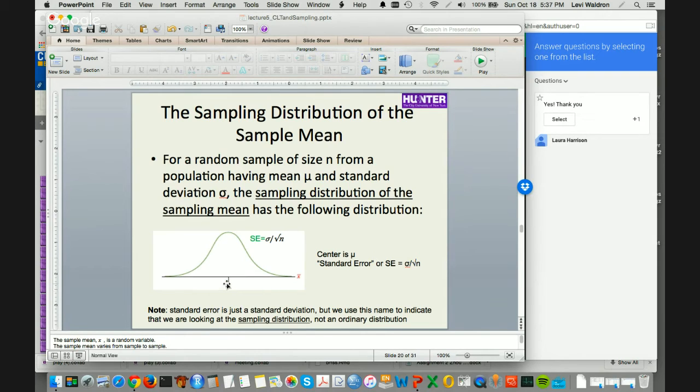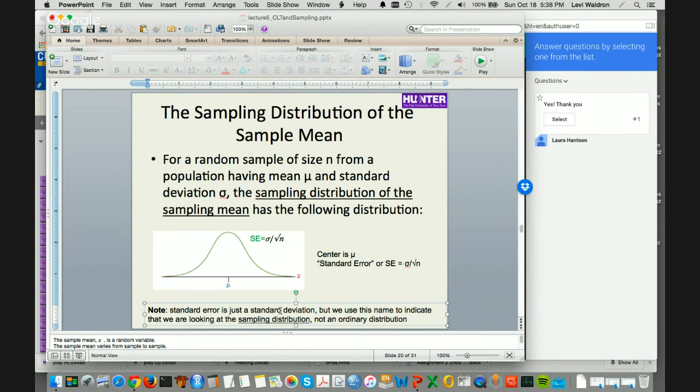It is also a normal distribution, so we're talking about a normally distributed population. The mean is the same. The standard error, which is the standard deviation of the sampling distribution, is sigma over the square root of n.